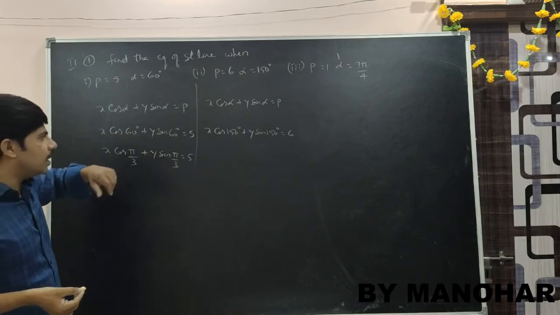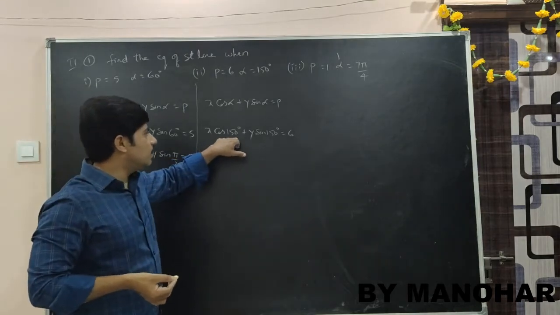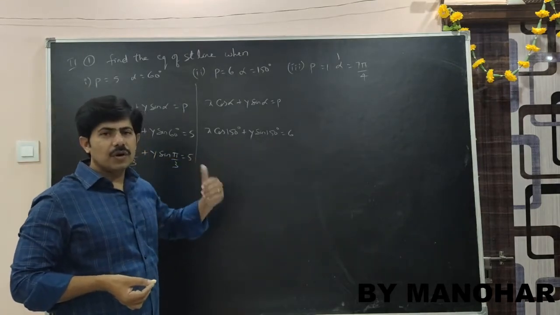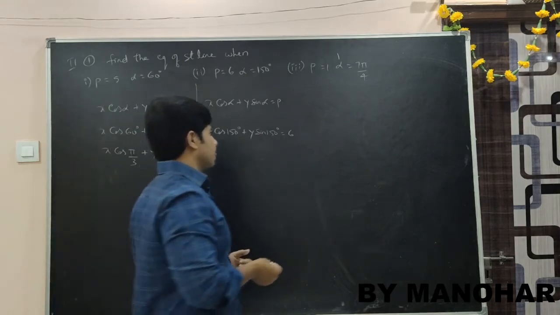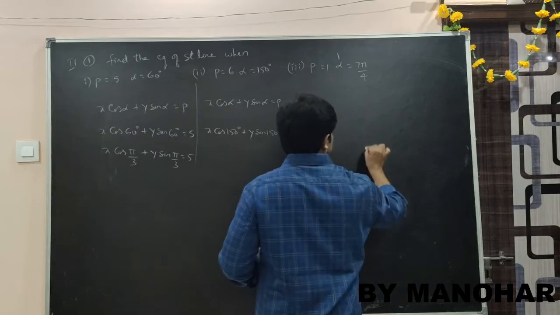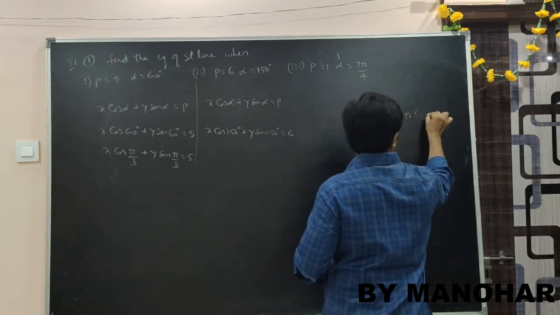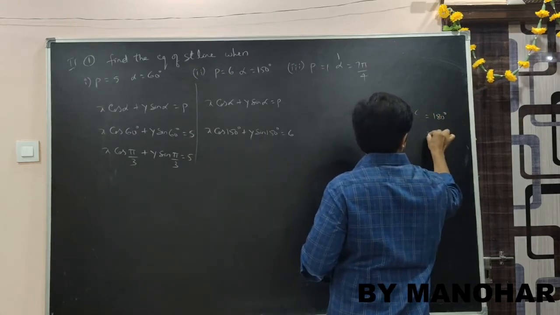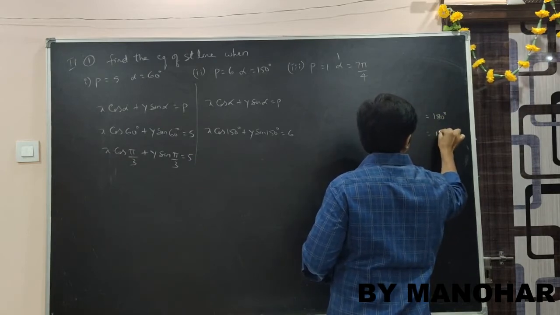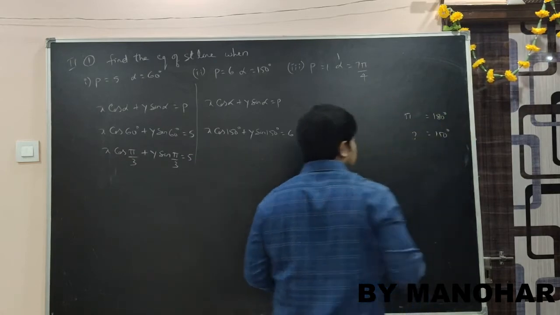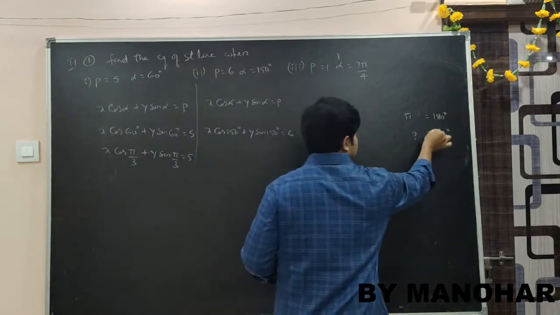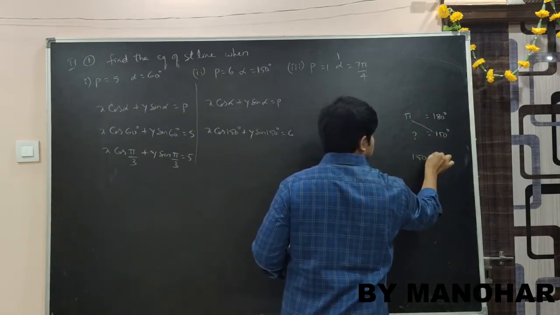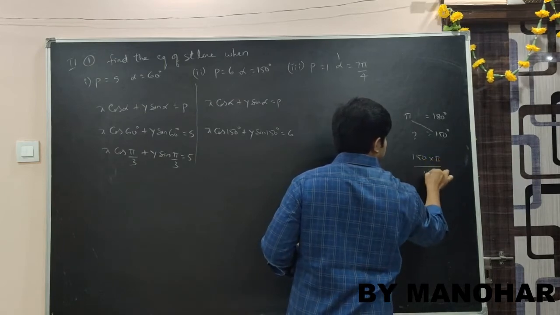Now we should write cos 150 and sin 150 in terms of pi. Clearly, pi radians is 180 degrees. So for 150, we cross multiply: 150 into pi by 180.